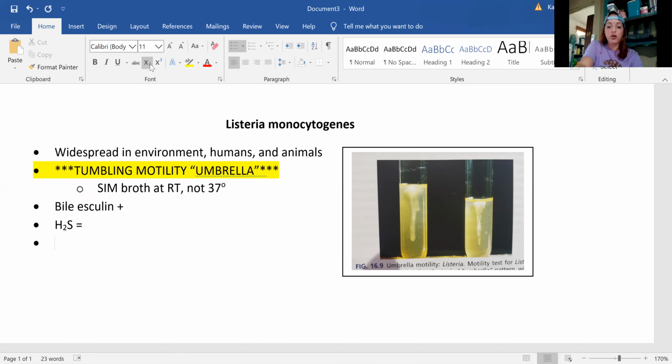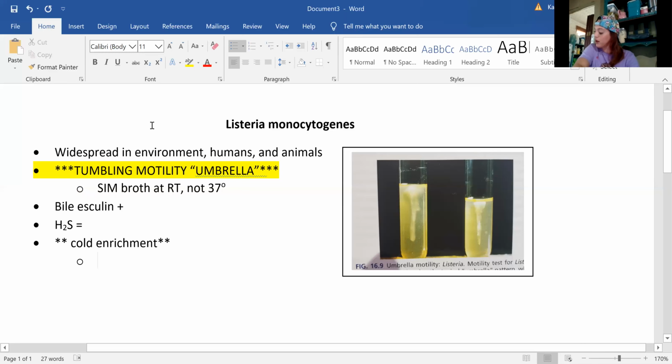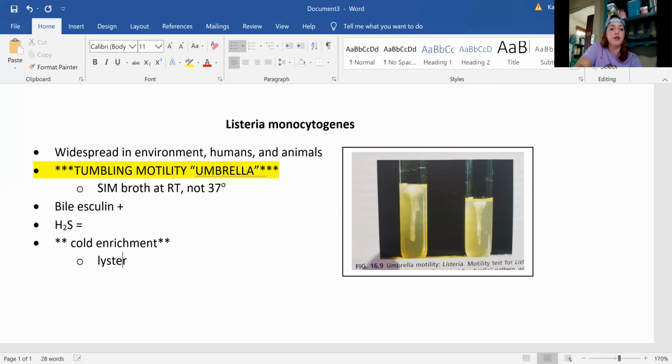And then we talked about the cold enrichment. This is another important factor to Listeria, and I'll tell you how I remember it. For cold enrichment, I remember that because Listeria sounds like hysteria, and when you're super hysteric, you need to cool down.